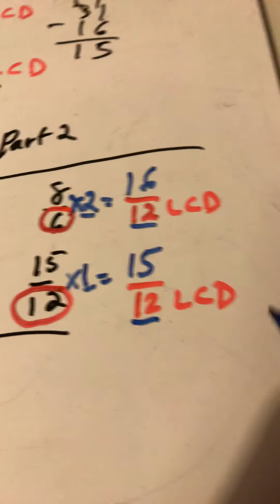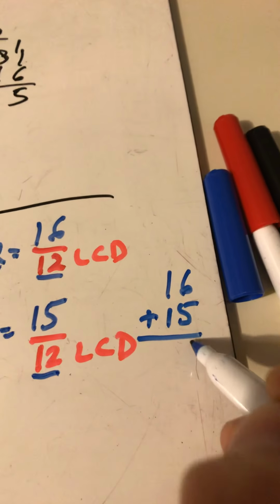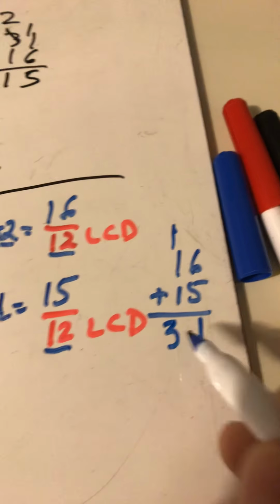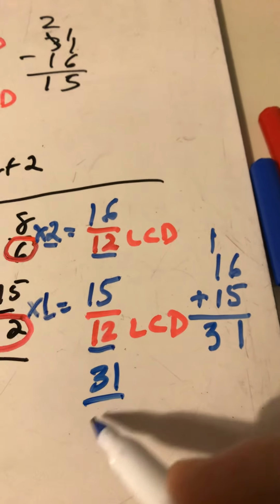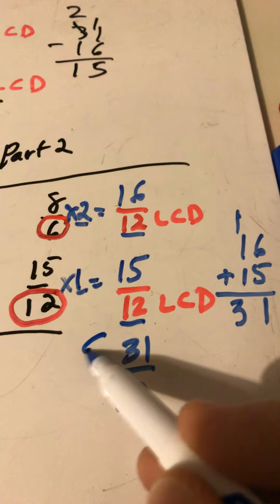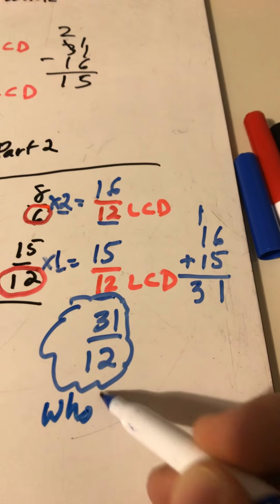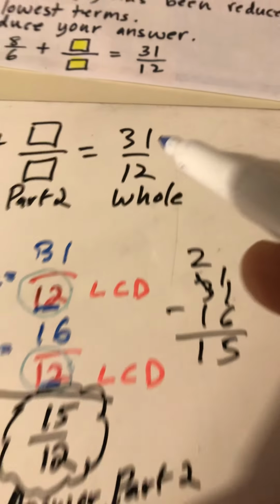Let's just do the addition here. This is 11. This is 31. So my numerator is 31 and my denominator should be 12. Should match. And this checked out because this is my whole from the original problem right there.